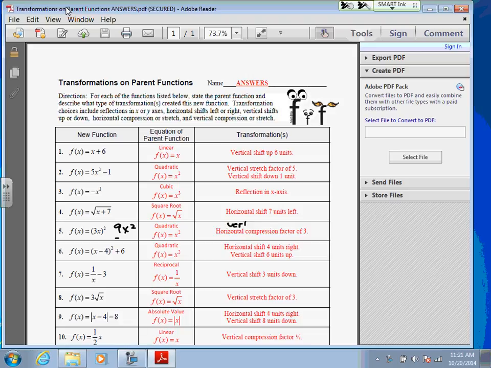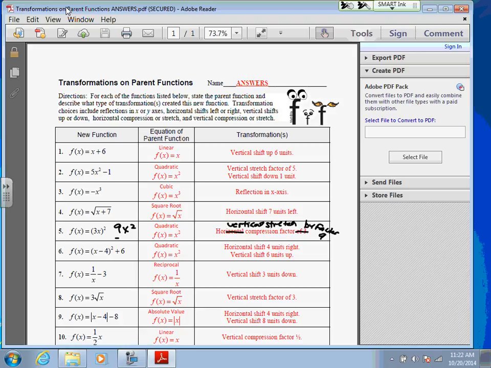I say vertical stretch. I remember the other day, a vertical stretch by a factor of 9. Theirs is wrong, because it's not a factor of 3 either. It's a factor of 9. Or actually, theirs would be a compression by a factor of 9.